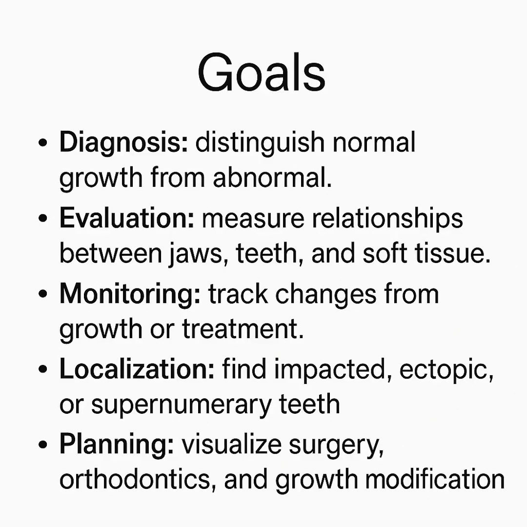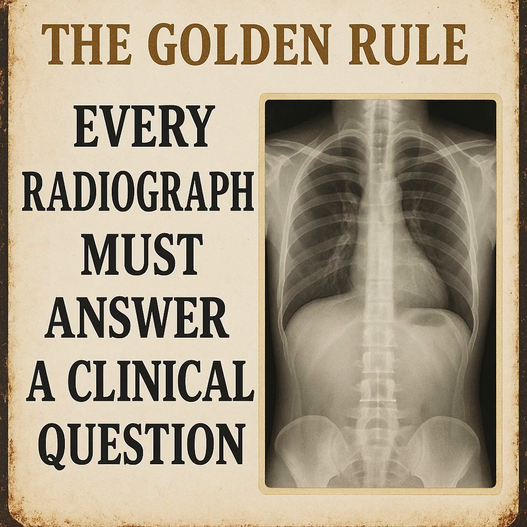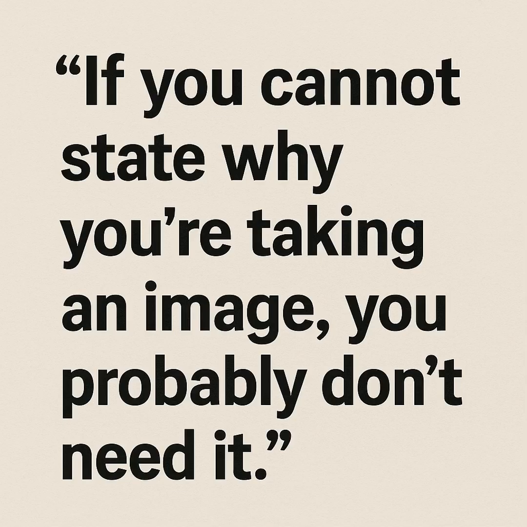The goals are diagnosis, distinguish normal growth from abnormal; evaluation, measure relationships between jaws, teeth, and soft tissue; monitoring, track changes from growth or treatment; localization, find impacted, ectopic, or supernumerary teeth; planning, visualize surgery, orthodontics, and growth modification. Golden rule: every radiograph must answer a clinical question. If you cannot state why you're taking an image, you probably don't need it.